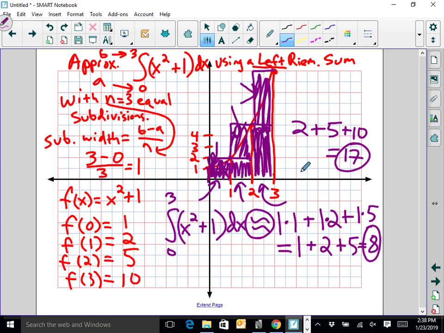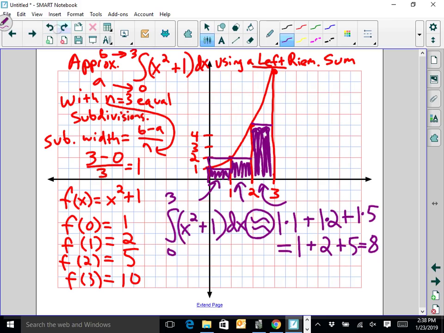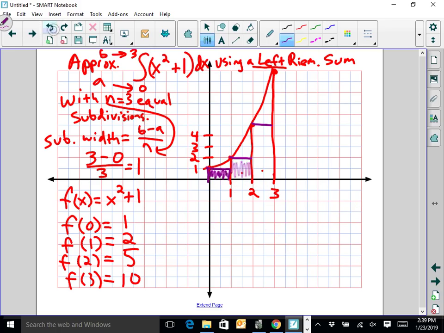What if I used 6 rectangles instead of 3? What would that look like? Let me just erase all this stuff. Okay, what if I had used 6 rectangles instead of 3?